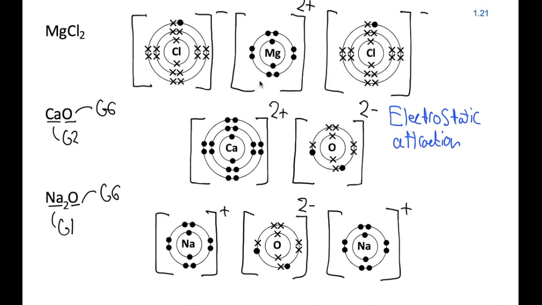The 2 sodium atoms form +1 ions, having lost an electron each, and the oxygen forms a 2- oxide, having gained these 2 electrons.